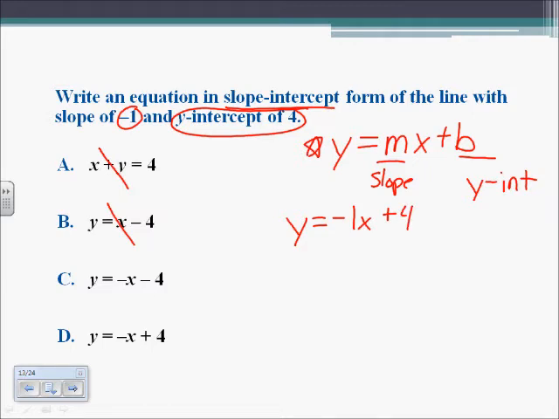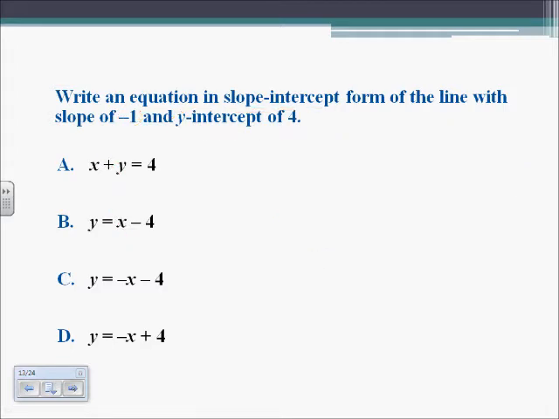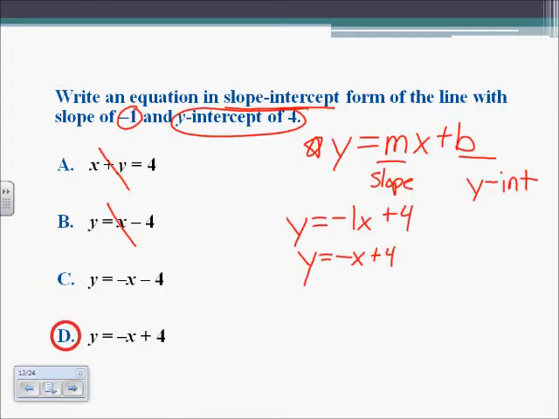Negative 1x just turns into negative x plus 4. Y is equal to negative x plus 4 for a final answer of D. Going through there as well.